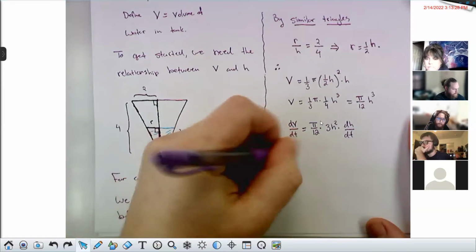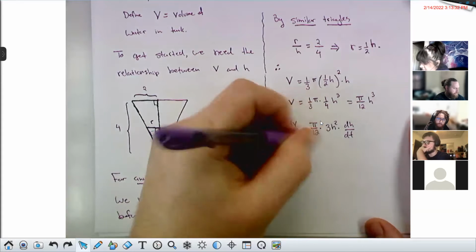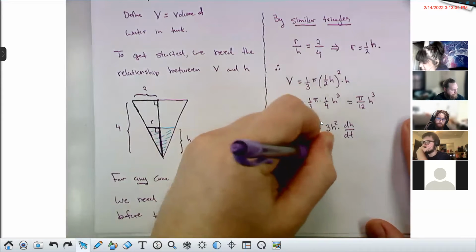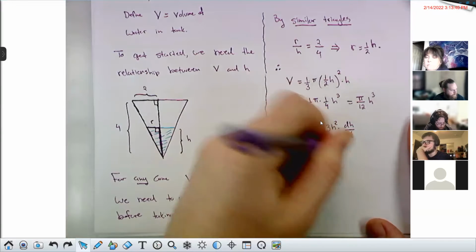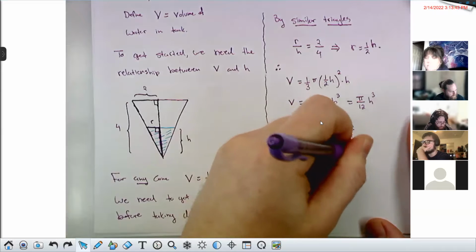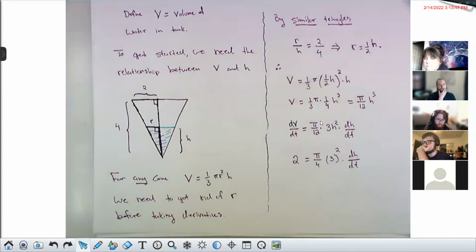So I plug in 2 for dv dt. Pi over 12 times 3 is pi over 4. H squared is going to be 3 squared times dh dt. So I'm canceling the 3 and the 12 to give me this 4.